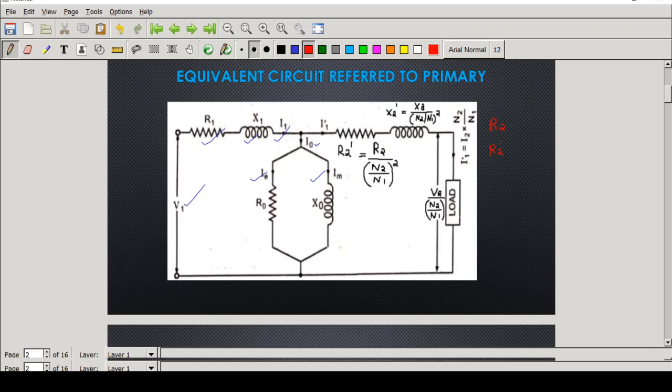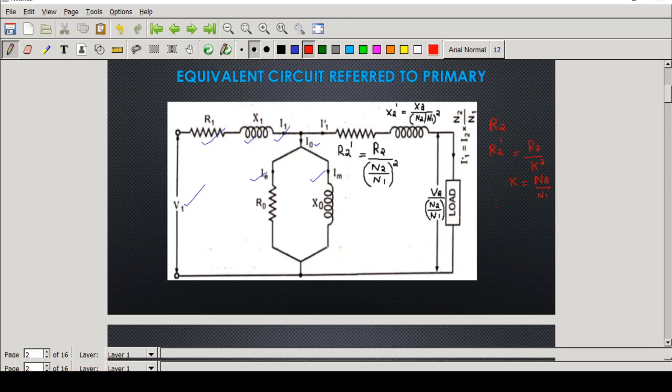How can you get the value of R2 dash? R2 dash is given by R2 divided by K squared, where K is called the transformation ratio. The value of K is given by N2 by N1, or you can write it as V2 by V1.